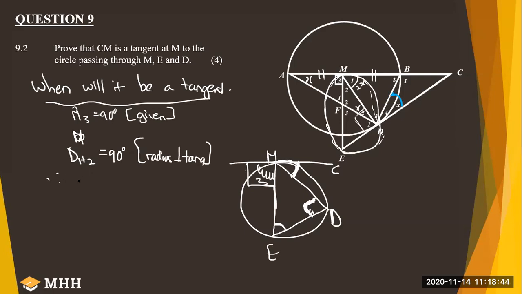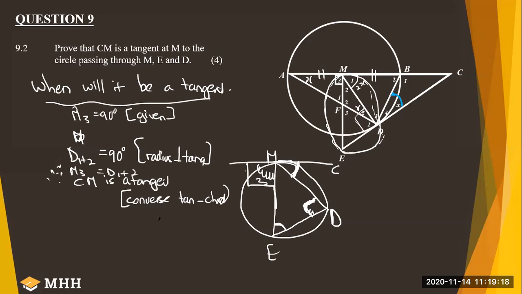Therefore, CM is a tangent. What you can do here, you can just write converse, meaning the opposite. Converse of tan, angle between tan and chord. Because it forms an angle between a tangent and a chord, therefore it will be a tangent. I will maybe just say here, therefore angle M3 is equal to angle D1 plus 2.